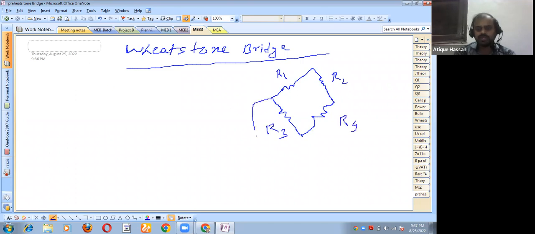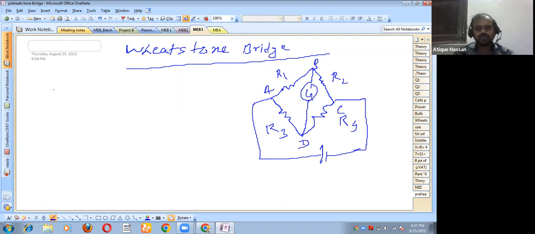It is connected like this with some external EMF, and suppose there is a galvanometer G connected between 2 points. Suppose we have points A, B, C, D. So what is the balance condition of Wheatstone bridge? We already know.